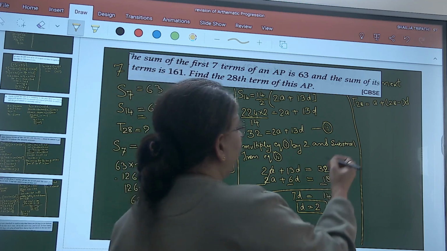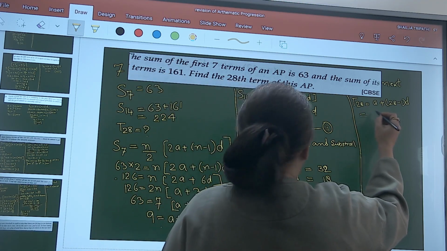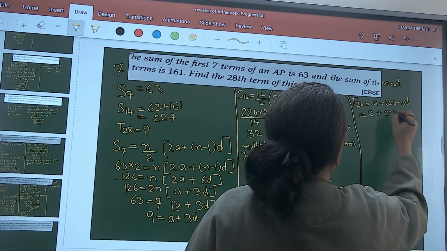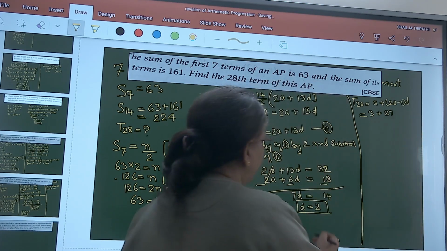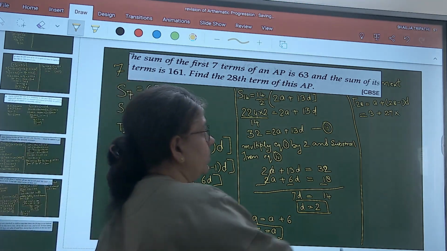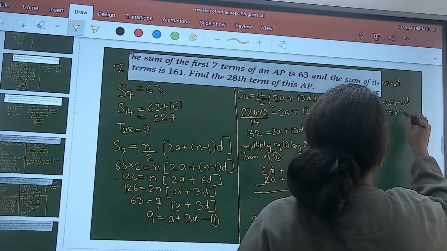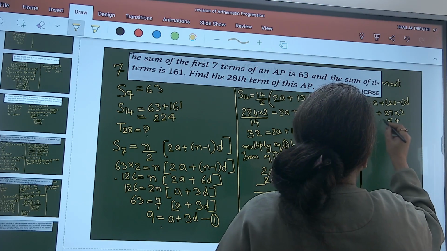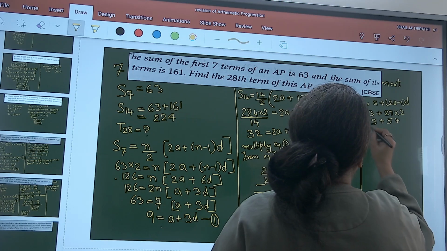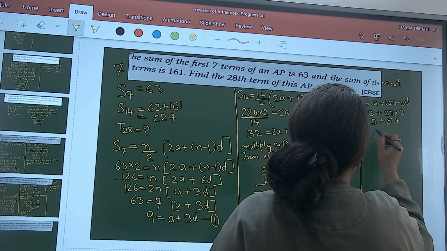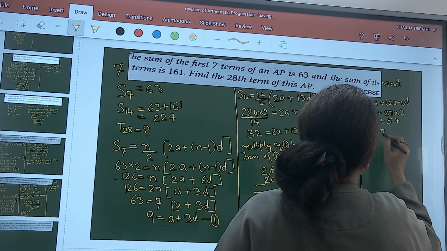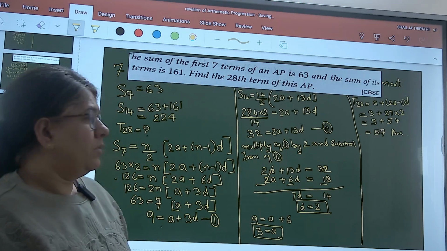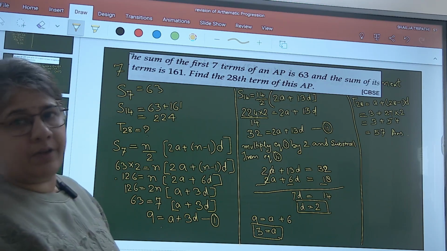Now let's put the value. a is equal to 3 plus 27 into d. d is 2. So we get the answer 57. So the 28th term of the series will be 57.